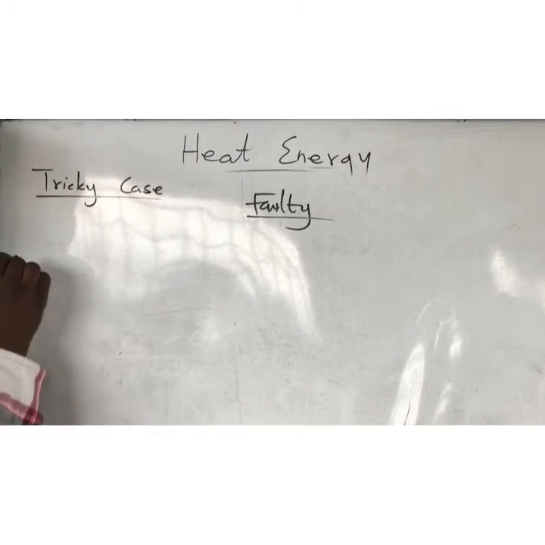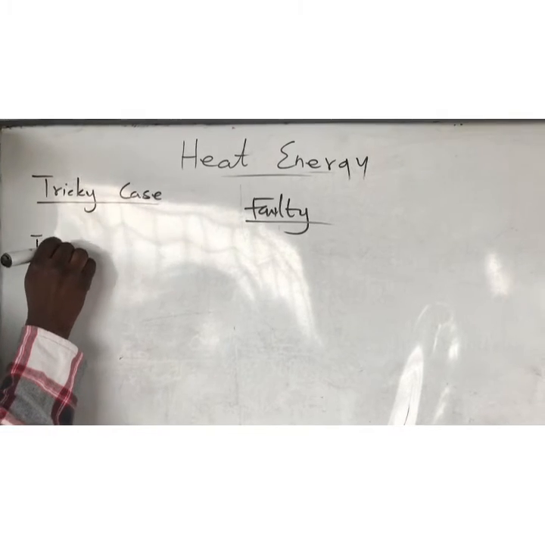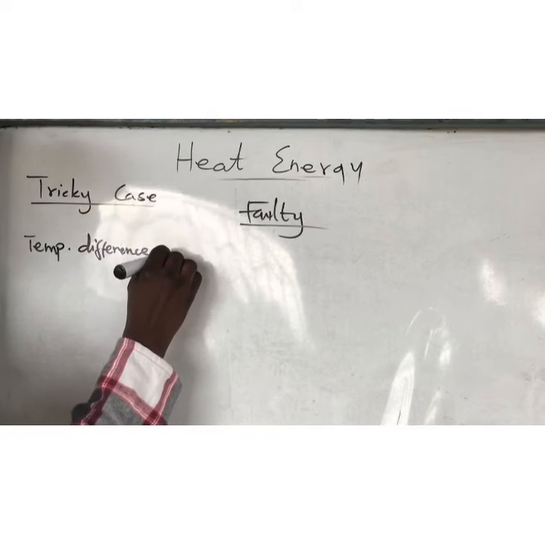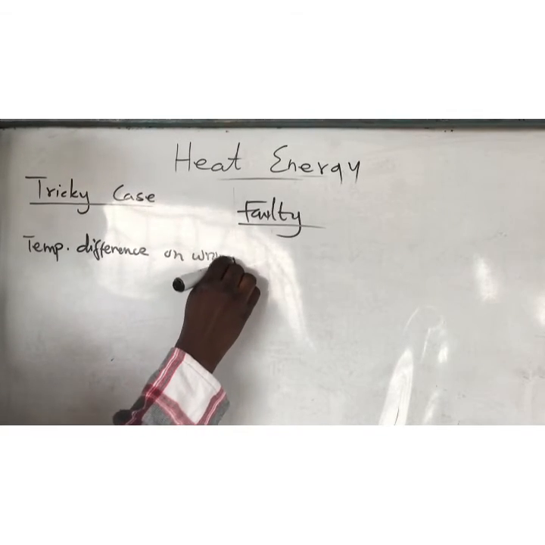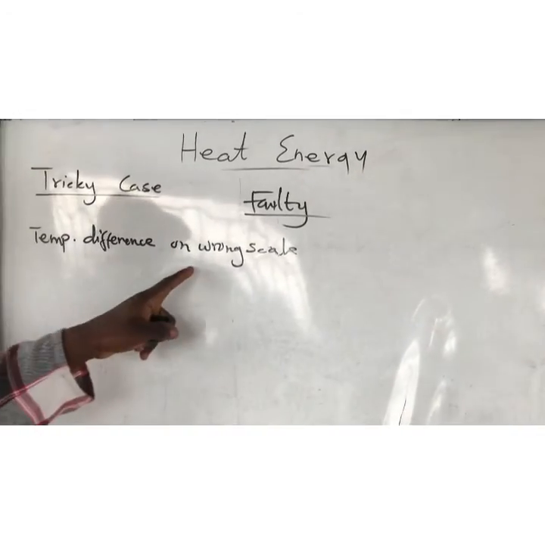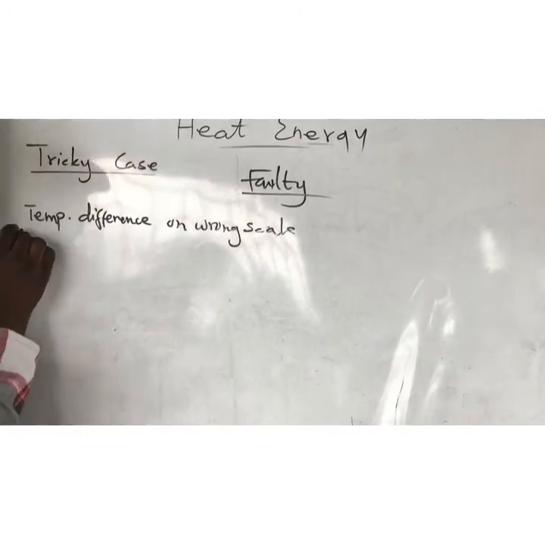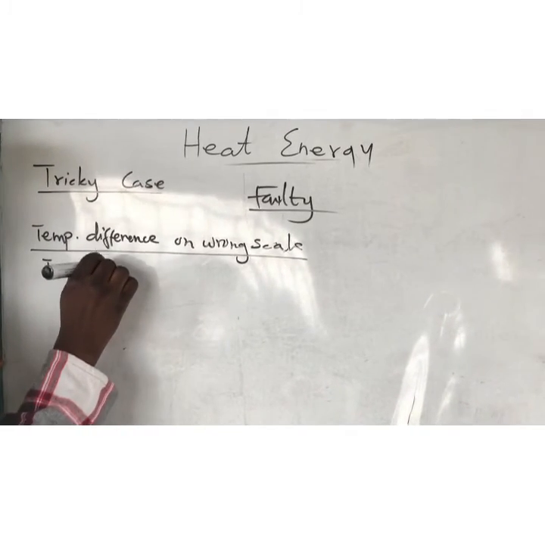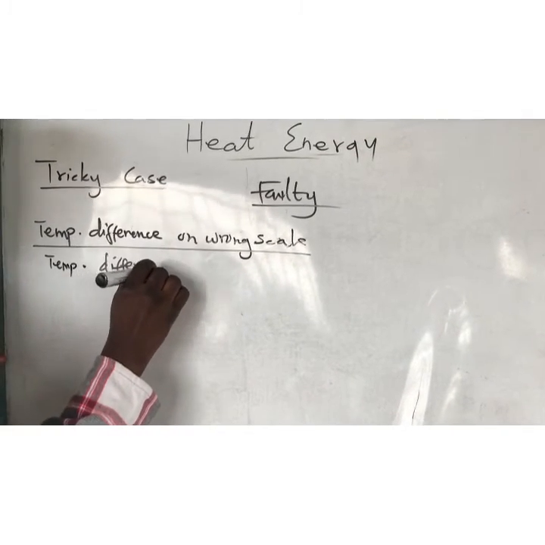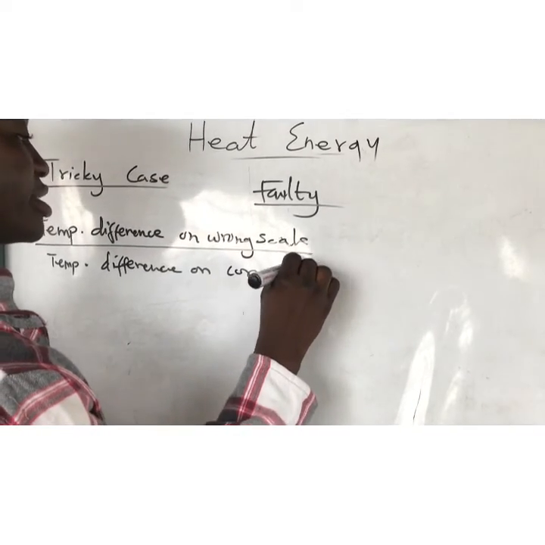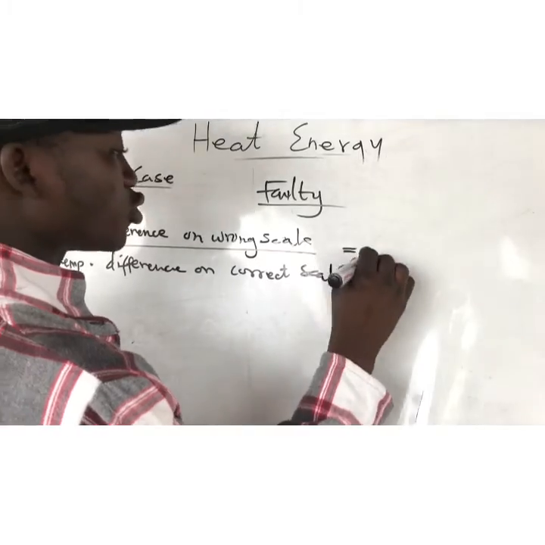So here we have temperature difference on wrong scale, or temperature difference on the faulty scale, divided by temperature difference on the correct scale, which is equal to constant.